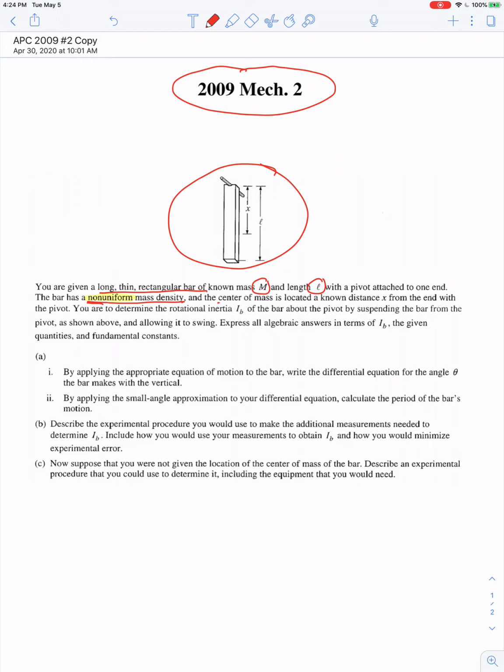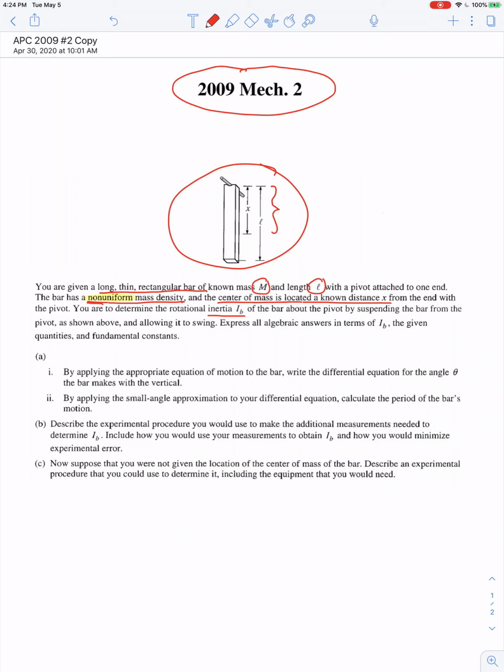However, the position of this center of mass is located at a known distance of x, and x has been labeled in this diagram. So the problem at hand is to determine the rotational inertia of the bar, also known as the moment of inertia of the bar.